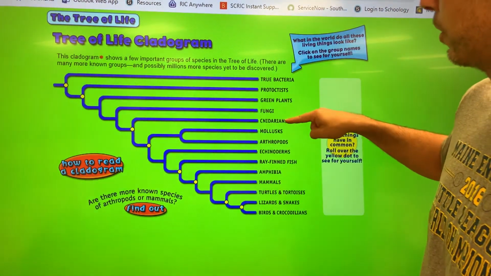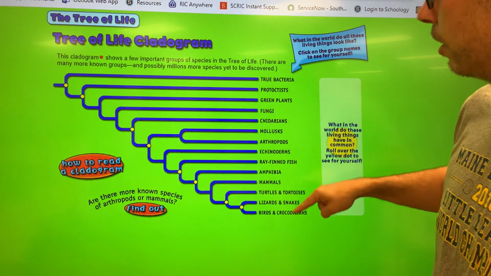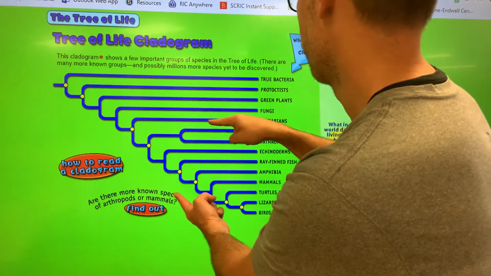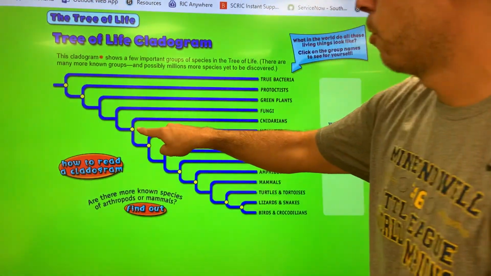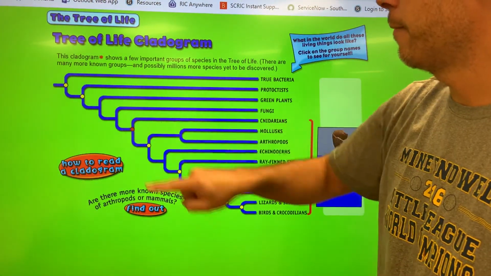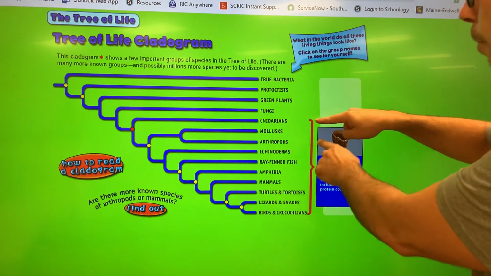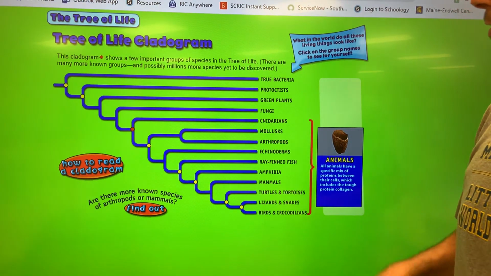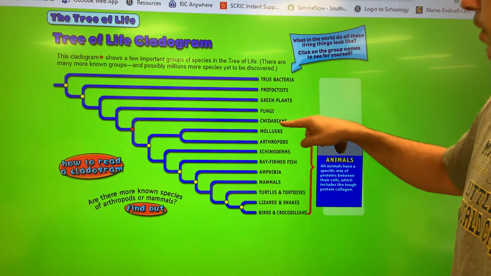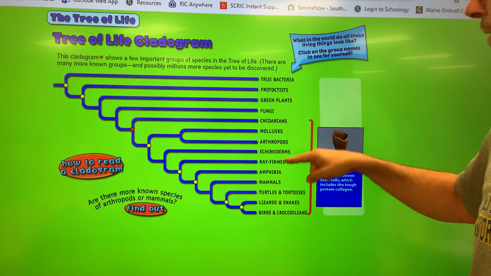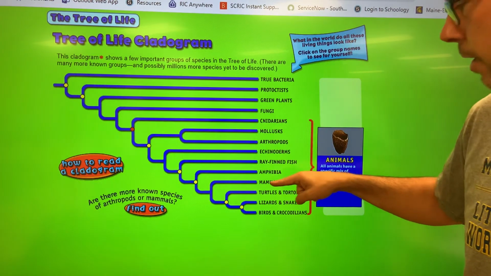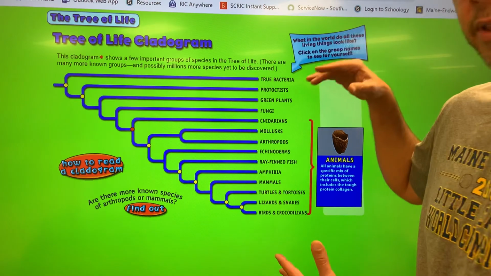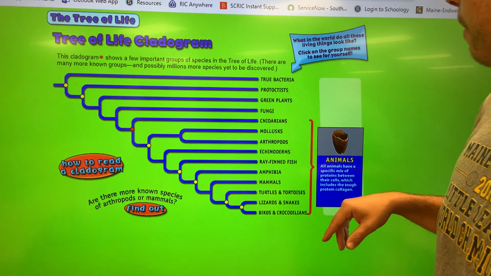So animals include all of these. If we trace these back to a common point, here's our common point right here. If I click on that yellow dot, you'll notice that it brackets all these, and these are all the animals. This is our first split in animals, from cnidarians, mollusks, arthropods, amphibians, mammals. We would be in here, birds and crocodilians. Mammals kind of break out; we have lots of information on mammals.